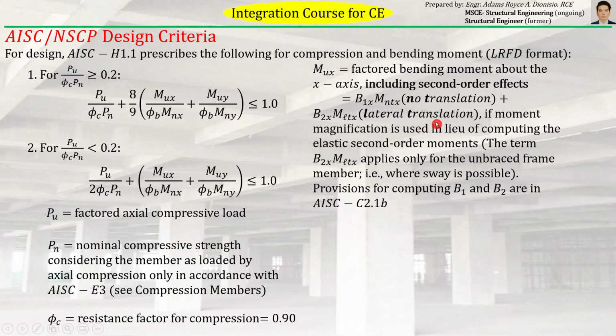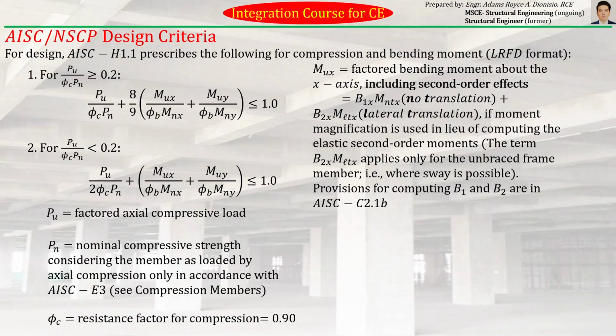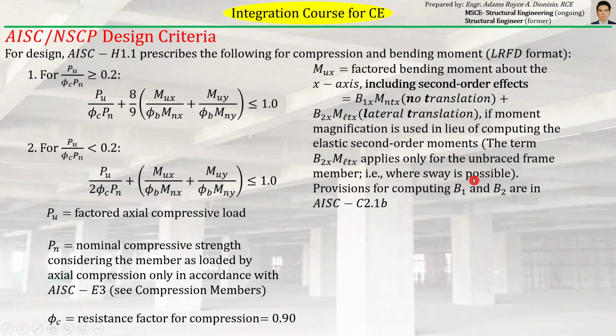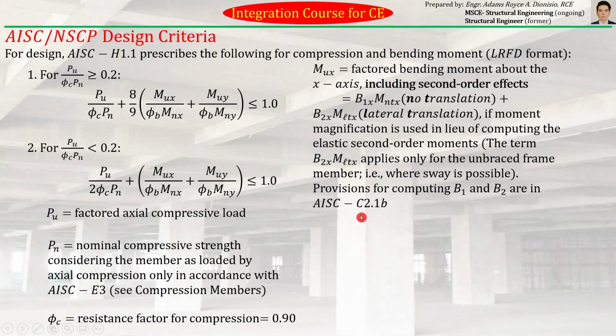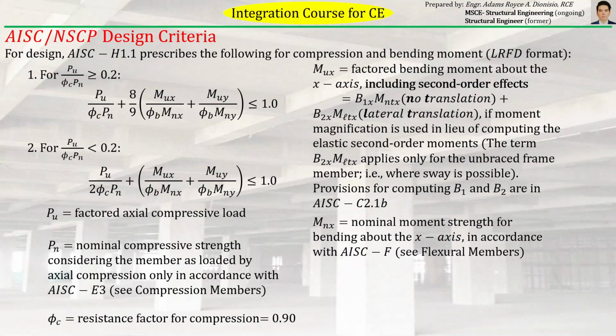So ito yung mga amplified bending moment considering second order effects. If moment magnification is used in lieu of computing the elastic second order moments, the term B2x and Mltx applies only for the unbraced frame member, i.e. where sway is possible. Provisions for computing B1 and B2 are in AISC C2.1b. So later on, we will check about that.